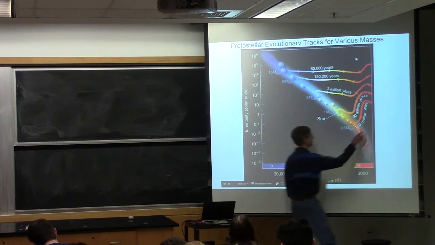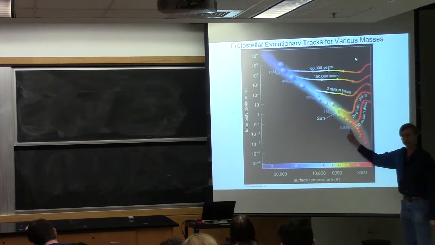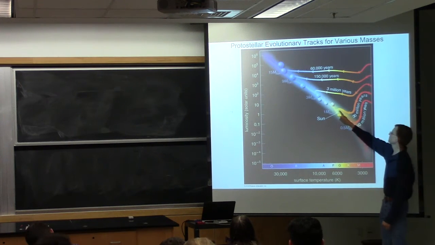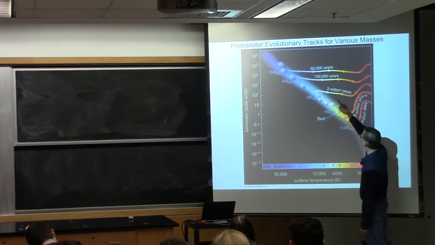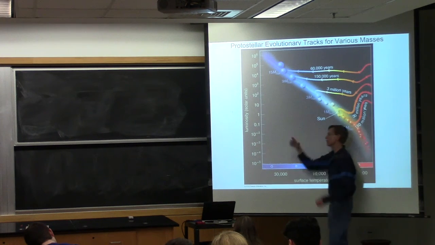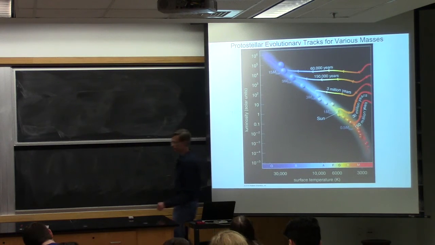For this half solar mass star, 150 million years. For the sun, about 30 million years. 3 solar masses, 3 million. 9 solar masses, 150,000. 15 solar masses, only 60,000 years.